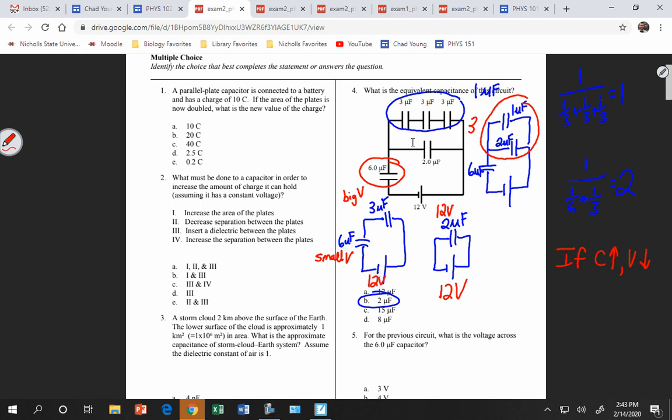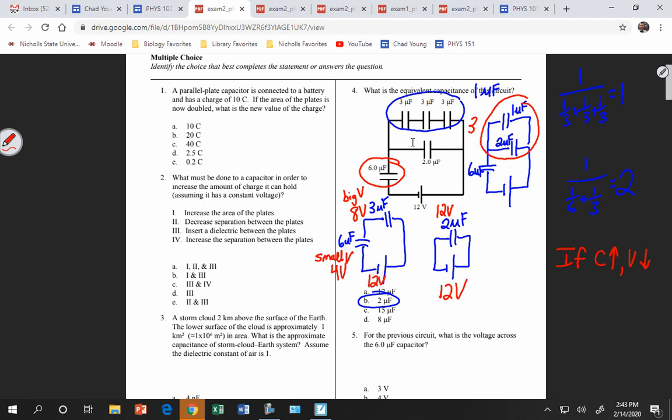Can you think of 2 numbers, one twice that of the other, that add up to 12? 8 and 4. So that's my answer. So I have 8 volts here and 4 volts here.